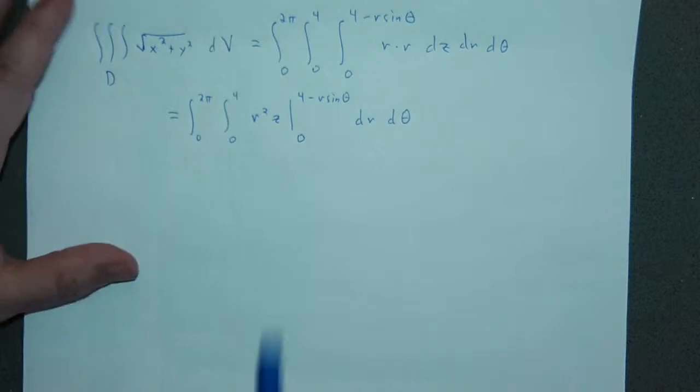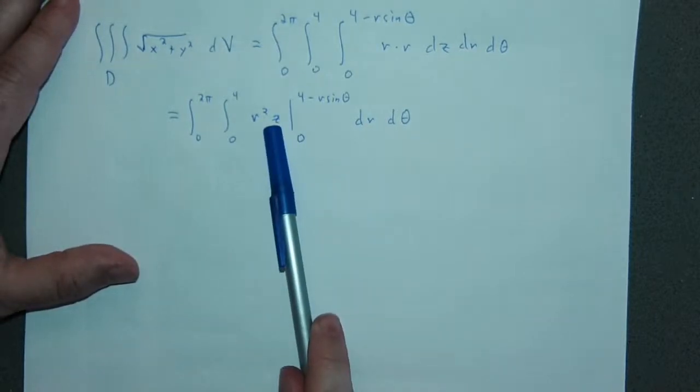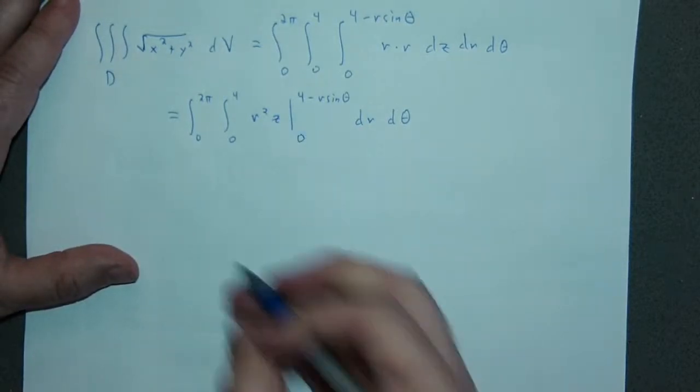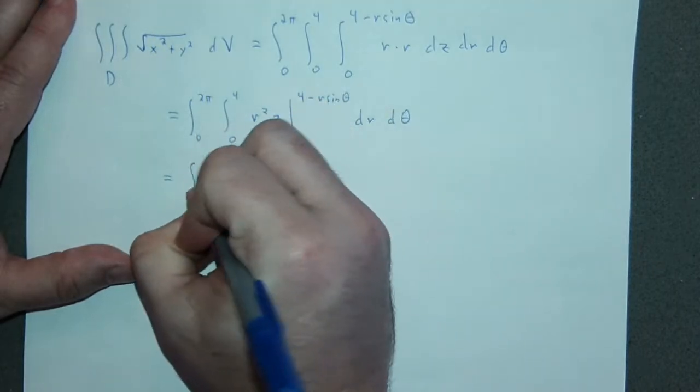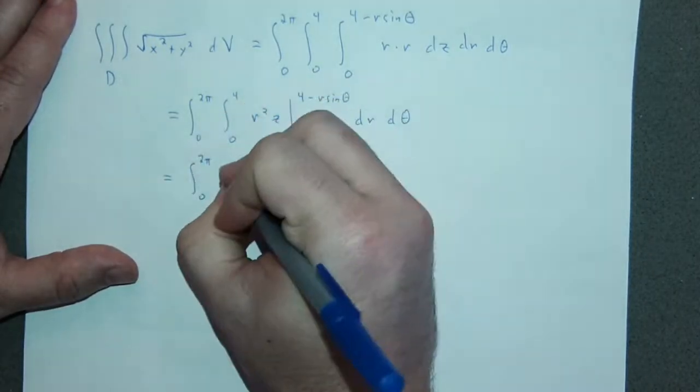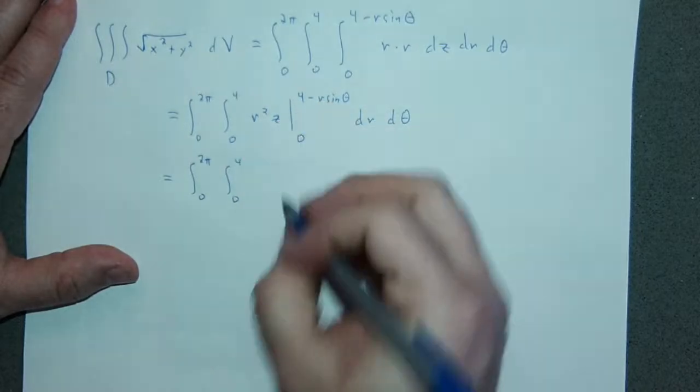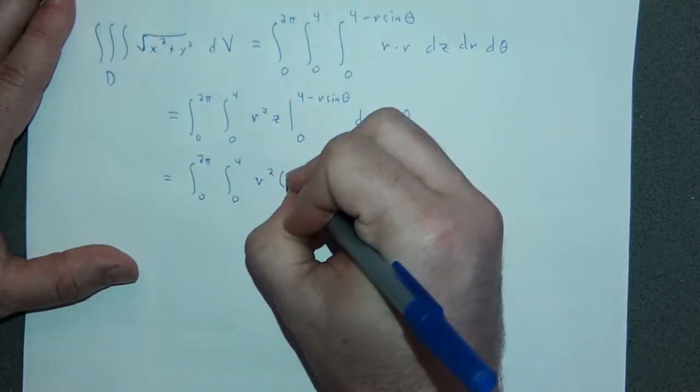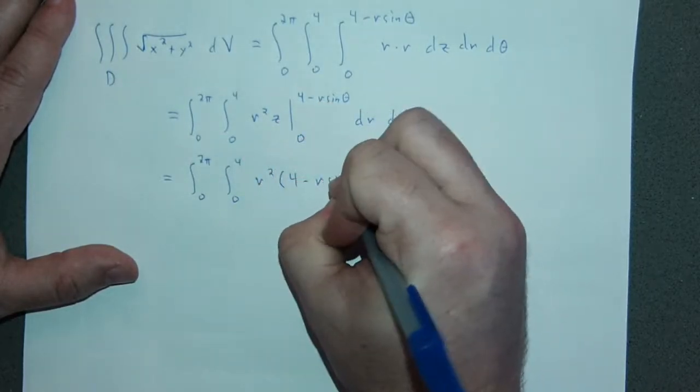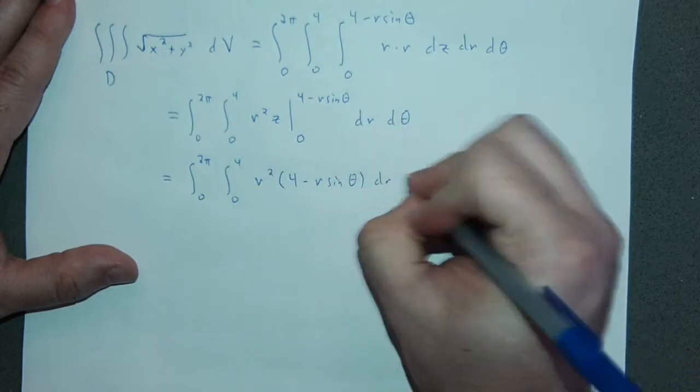Evaluating at 0, I get 0, and evaluating at 4 minus r sine theta, I have the integral from 0 to 2 pi, the integral from 0 to 4 of r squared times 4 minus r sine theta dr d theta.